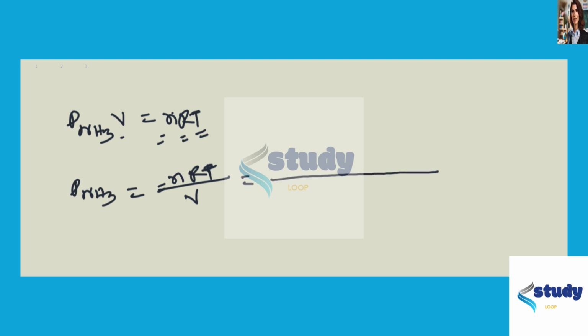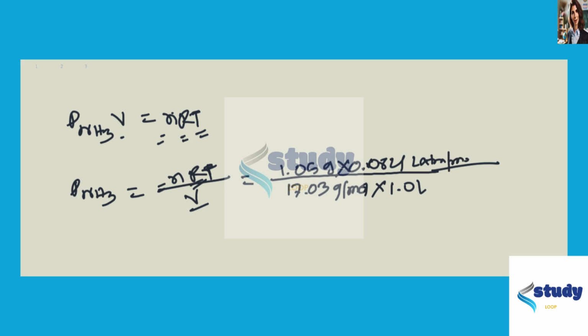The equilibrium mass is given as 1.05 gram, so we write mass over molar mass: 1.05 gram over the molar mass of ammonia, which is 17.03 gram per mole, times R, which is 0.0821 liter atm per mole Kelvin, times the temperature, which is given as 300 degrees C. In Kelvin, that is 573 Kelvin, and the volume is 1 liter.